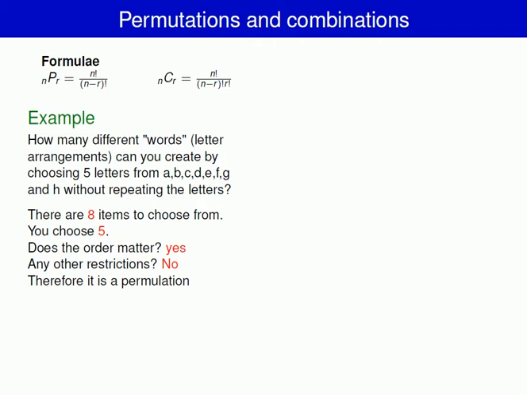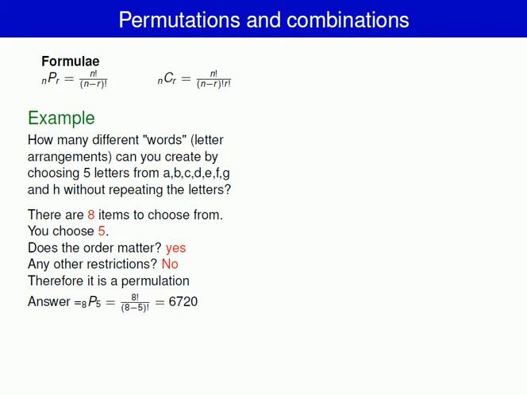Now that we have figured out that it's a permutation, all we have to do is apply the formula. So the answer is 8P5, 8 factorial divided by 8 minus 5 factorial, which is 8 factorial divided by 3 factorial, which gives me 6720.